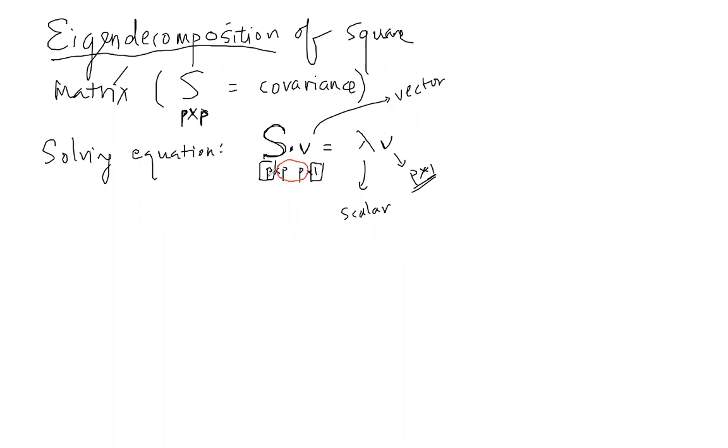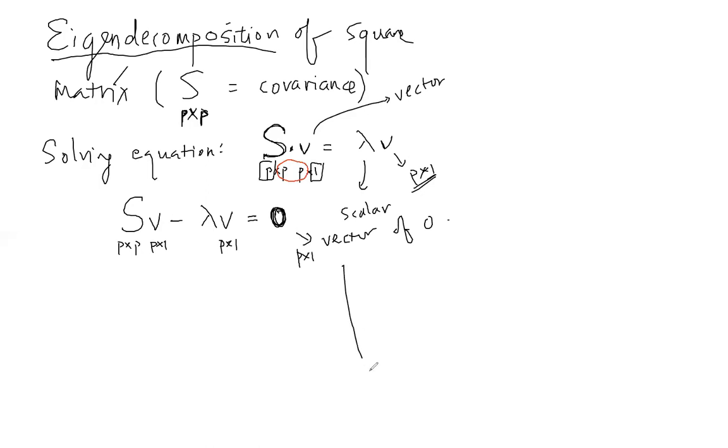So in order to solve this equation, you have SV, you move the other side over, minus lambda V, and this equals 0. This is actually a vector of zeros, a P times 1 vector of zeros, which is like 0, 0, 0, 0 for P rows.